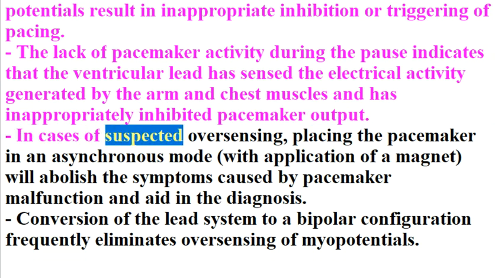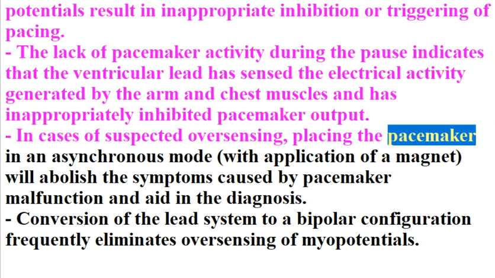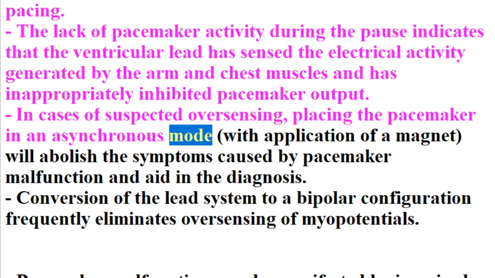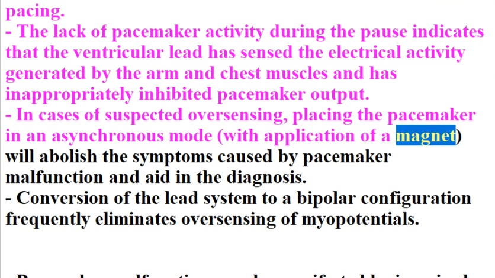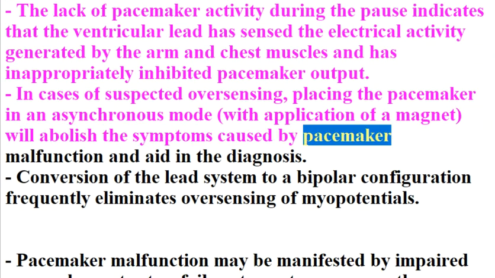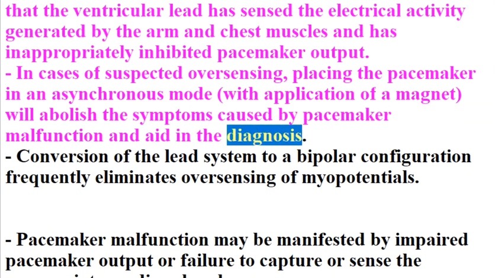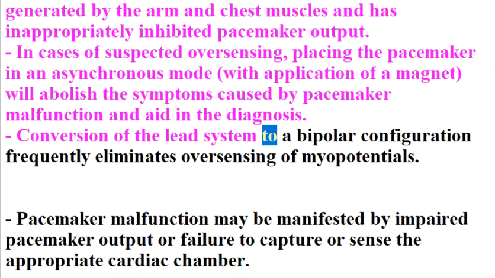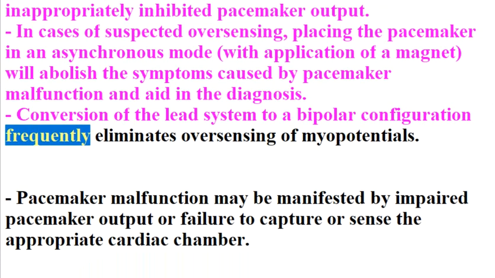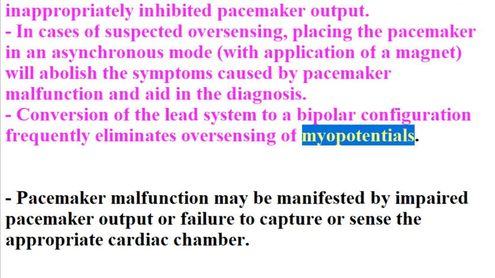In cases of suspected oversensing, placing the pacemaker in an asynchronous mode, with application of a magnet, will abolish the symptoms caused by pacemaker malfunction and aid in the diagnosis. Conversion of the lead system to a bipolar configuration frequently eliminates oversensing of myopotentials.